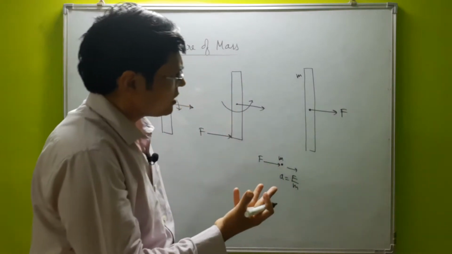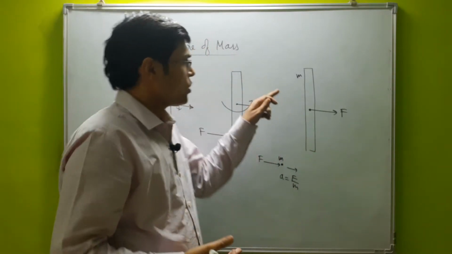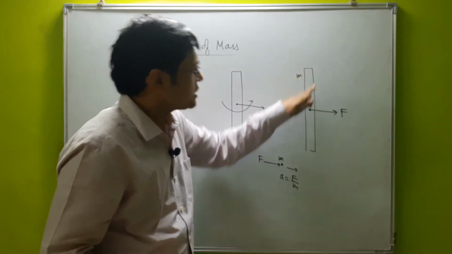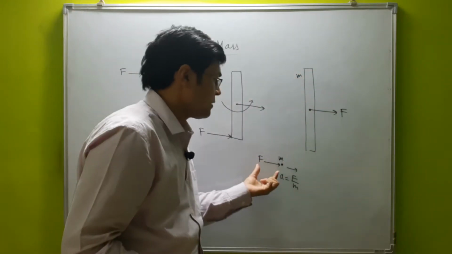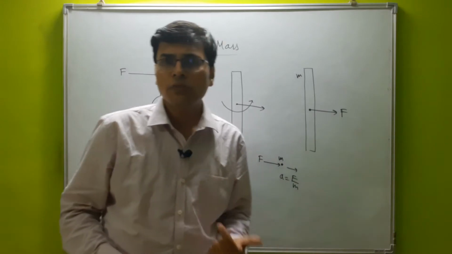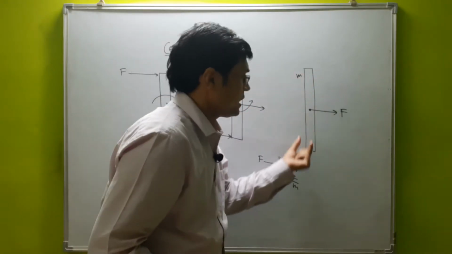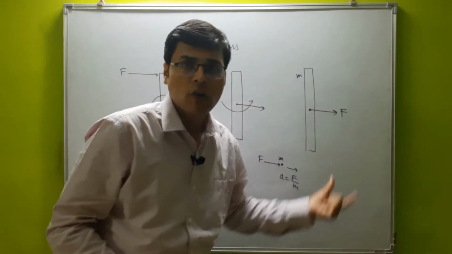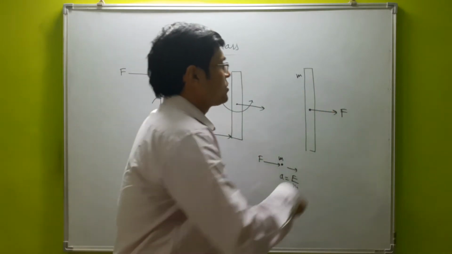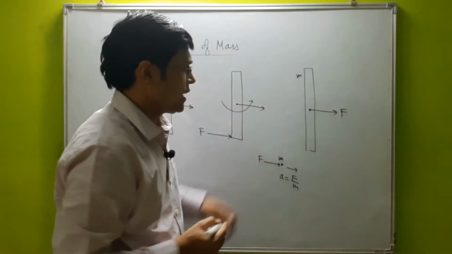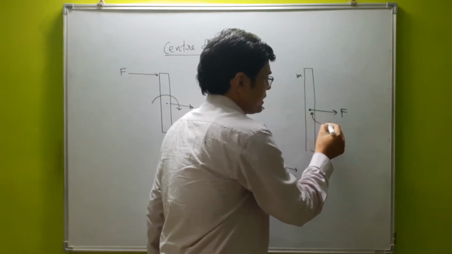Similar things are happening over here. If I apply this force at its geometrical center, this rod will behave as a point mass, right? So we can assume that the entire mass of the rod can be assumed to be concentrated over here, and this point is known as center of mass.